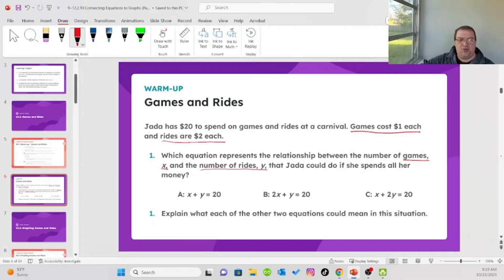So we want to make sure that we have 2y. We don't have that in A, but we do in C. Then we want to make sure that there's a $20 total. And that is what we have in C. So C would be our correct answer.